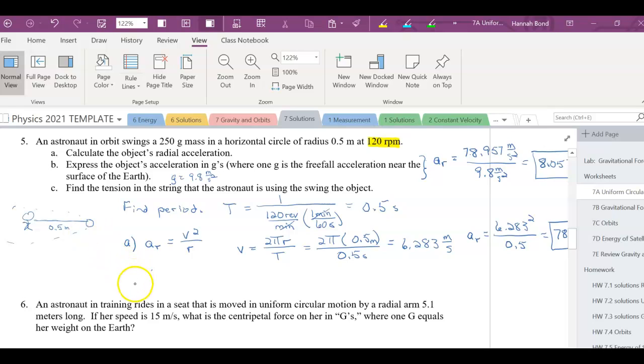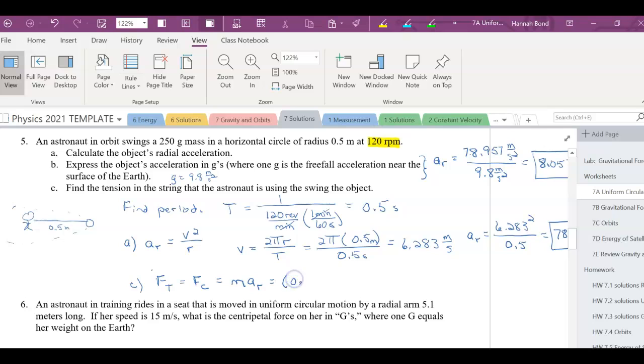And then part C says find the tension in the string that the astronaut is using to swing the object. Well, that tension force in this case is the centripetal force. And I can calculate the centripetal force as the mass of the object that's going in a circle times the radial acceleration. Well, this little object has a 250 gram mass.